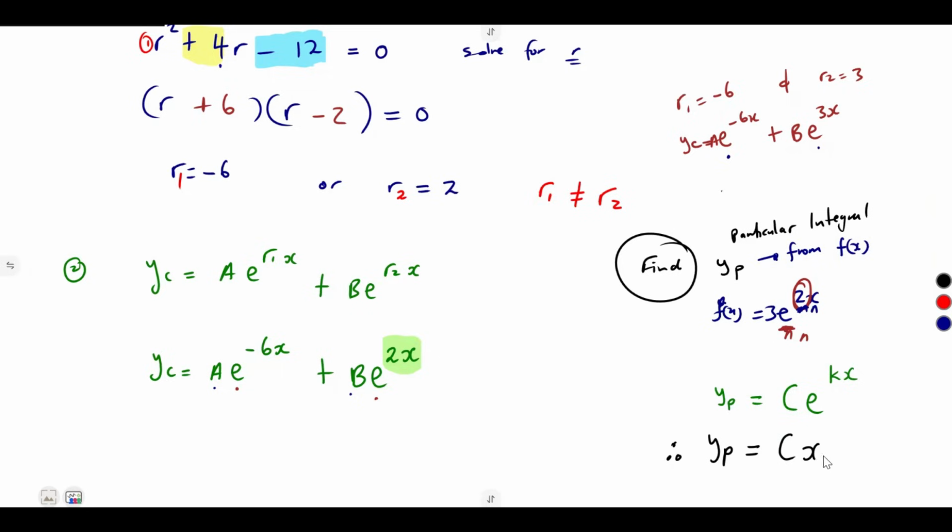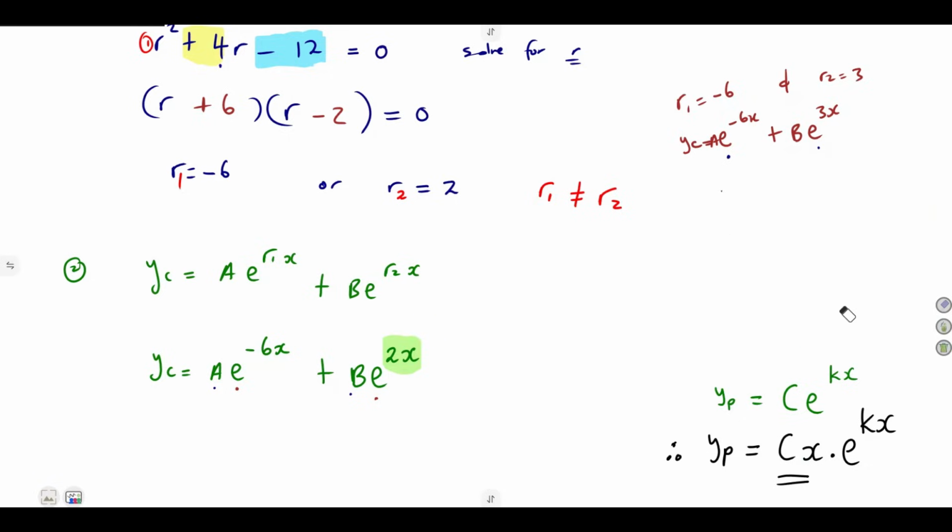We multiply it by x. So it will be cx e to the exponent of kx. You multiply it by x when it is like that. That is the condition. So you must be very, very careful there.